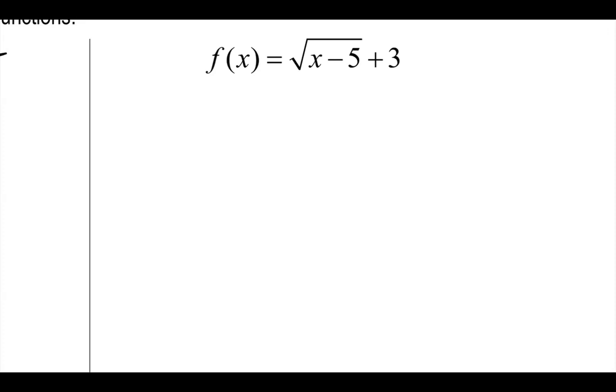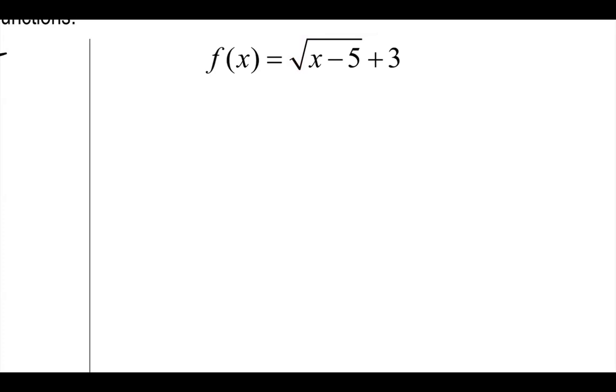So the original has a square root, a minus inside, and a plus. So that means my answer better not have a square root. What's the opposite of square root? Say it again. Yeah, what power is the opposite of square root? Squared, right? So it better have a squared in the answer.